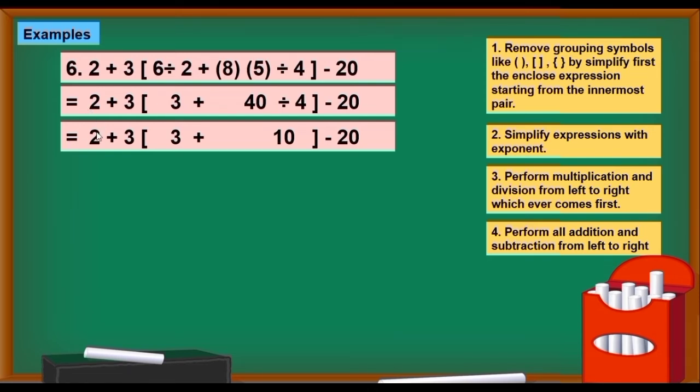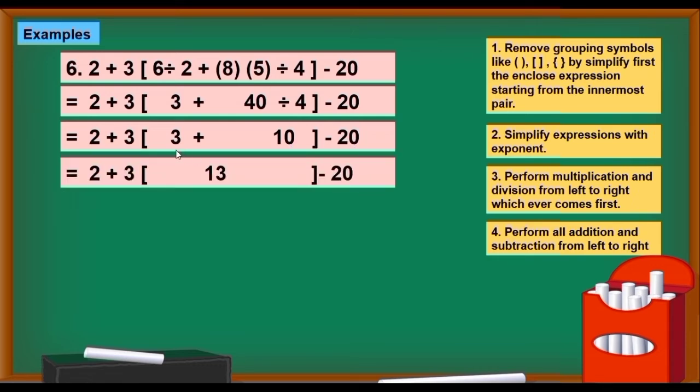So, binabalang po natin yung 2 plus 3 times the quantity 3 plus, and then yung 40 divided by 4 ay 10 po, minus 20. Next is yung nasa loob pa rin po na 3 plus 10, and that would be 13. So, magiging 2 plus 3 times the quantity 13 minus 20. Since may grouping symbol pa po, ibig sabihin, yung 13 ay imumultiply natin kay 3.